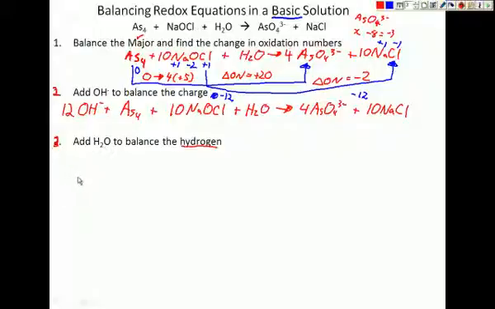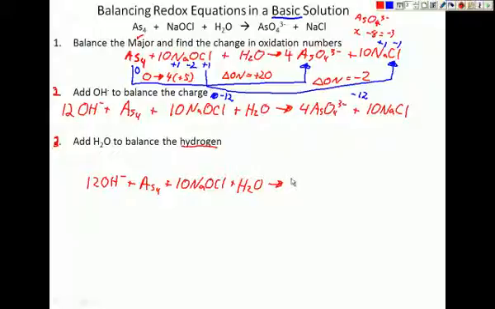I'm going to rewrite the equation one more time. 12 OH minus plus AsO4 plus 10 NaOCl plus H2O. We have one H2O already.